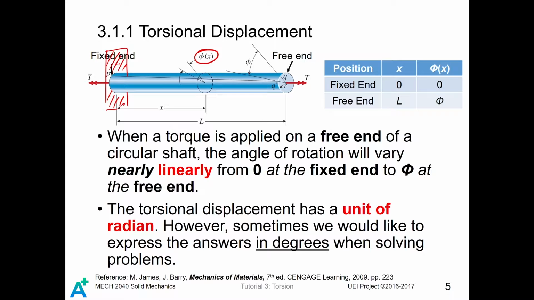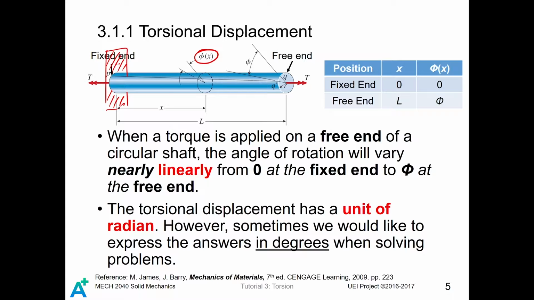The angle of rotation will vary linearly from 0 at this fixed end, because we know at the fixed end there is no torsional displacement because it is fixed. But for the free end, it is possible to be twisted, it is possible to rotate to some extent. At the free end, we say the displacement is phi.